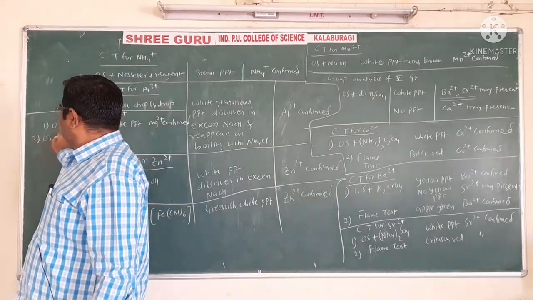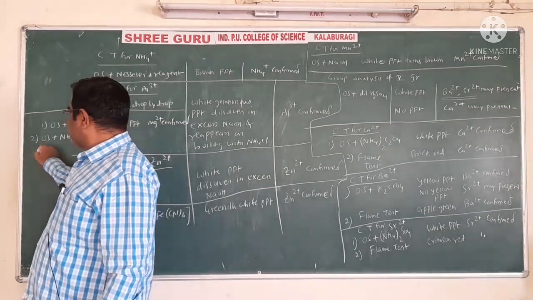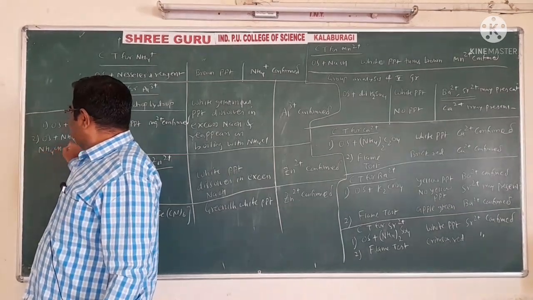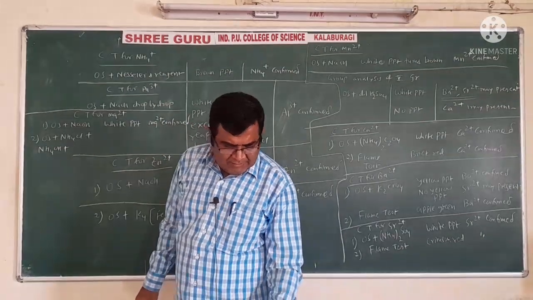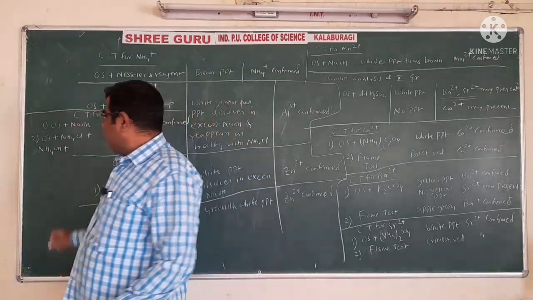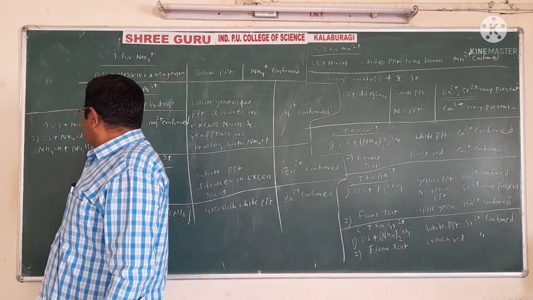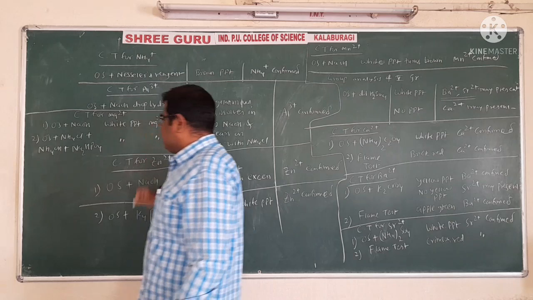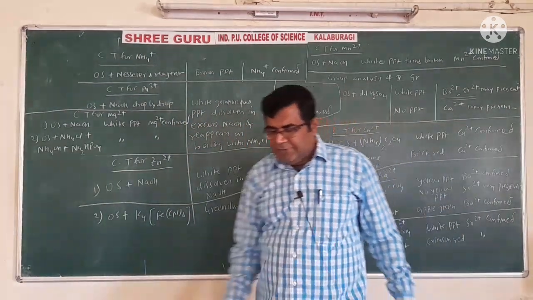And the other is original solution plus NH4Cl plus NH4OH plus, yes, we have to add into it disodium hydrogen phosphate. And if we get white precipitate, we have to say that magnesium is confirmed.